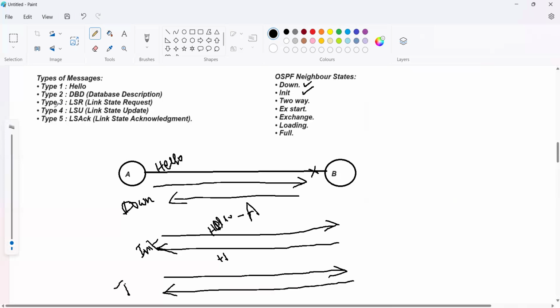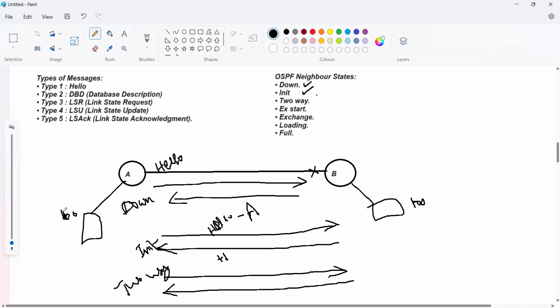In the two-way state, they start the database description process, sending and receiving packets. Router A says hi, I am router A, and the other router also says hi, I am router B. Say we have 100 LAN prefixes in this router, and this router also has 100 LAN prefixes. So this router is requesting: do you have any database? Can you send the database?